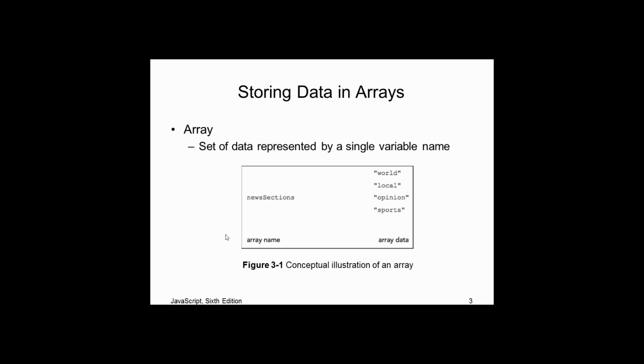And so there's all sorts of different structures to store data in. One most basic structure is a variable. And last chapter, we learned how to store data in a variable. And a variable is good for storing a single piece of information.